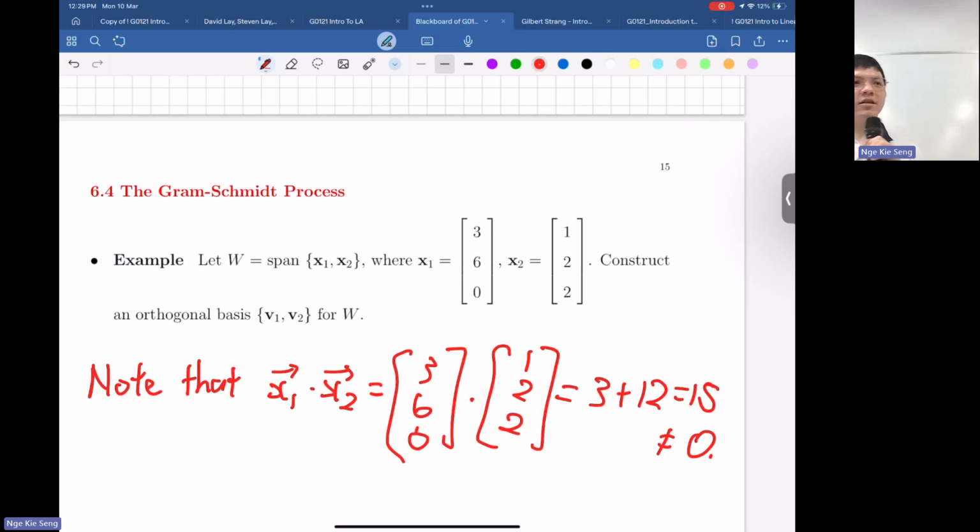But can you make an orthogonal basis or not? What do you think, based on what we learned? We're already close to an orthogonal basis, right? We already have a basis, just that they are not orthogonal to each other, not 90 degrees.